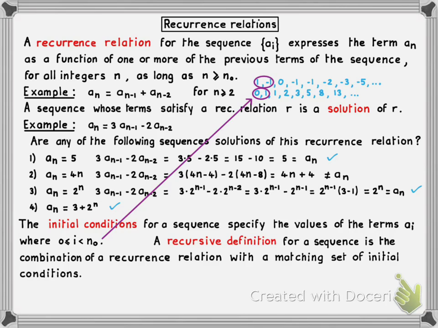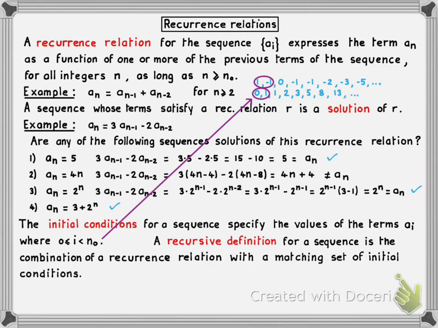So going back to our example again, this recurrence relation together with this set of initial conditions is a recursive definition for this sequence. And what do we mean by a matching set of initial conditions?